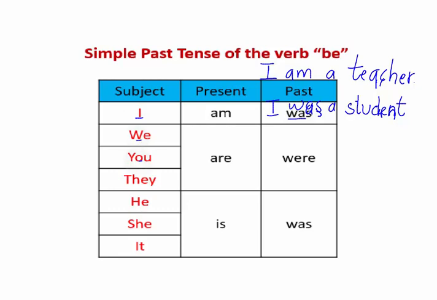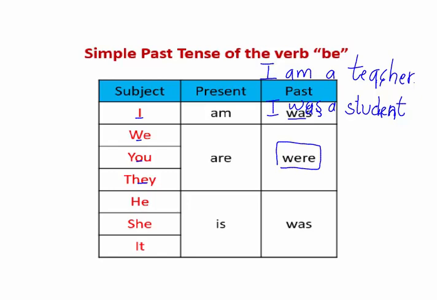We, you, they, we can use were, right? We were, you were. You were good kids in the past, right? They were beautiful puppies.